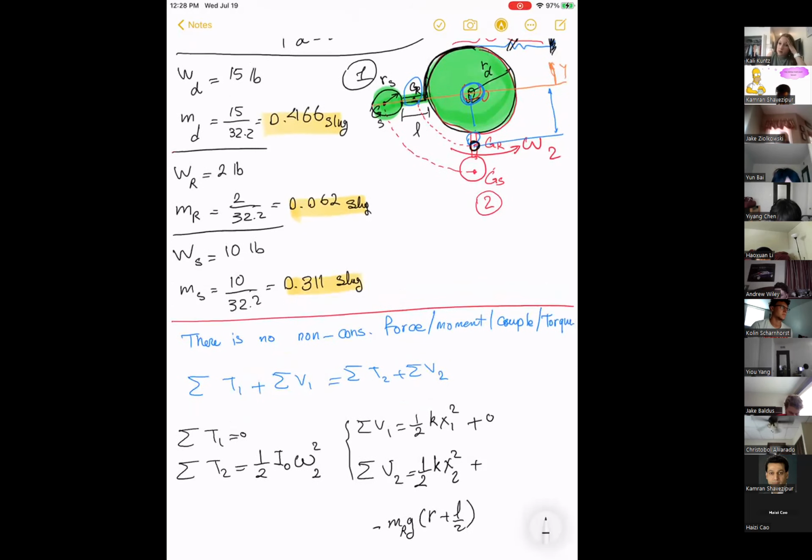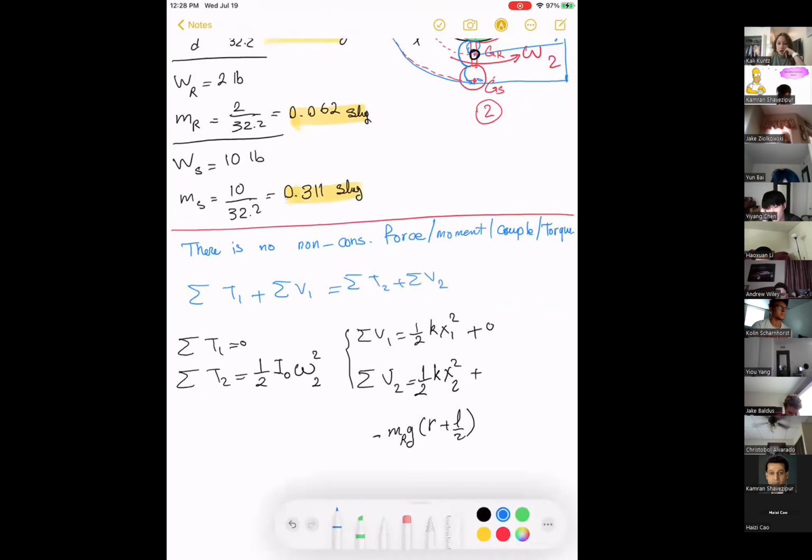Then it goes to the sphere. Look here for a second, please. The sphere is here, right? And then comes all the way here, which means it's going to come down this much. This distance is R plus L plus R sphere.